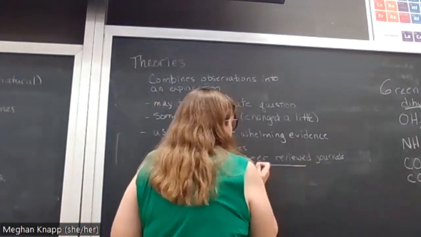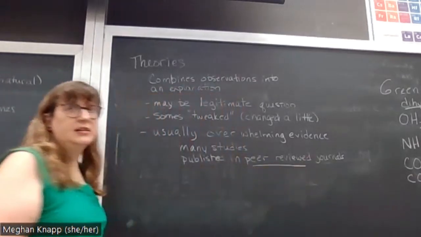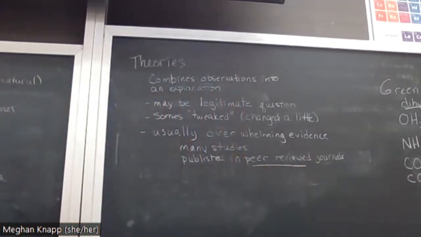Now, every discipline, science or non-science, has peer-reviewed journals. So have you heard about peer review in your other classes? Some of you, yes. Okay, so in science, the way this works, and it's probably pretty similar in most of them, I might send in my experiment that I did into a publication, and they might say, this isn't interesting, and send it back.